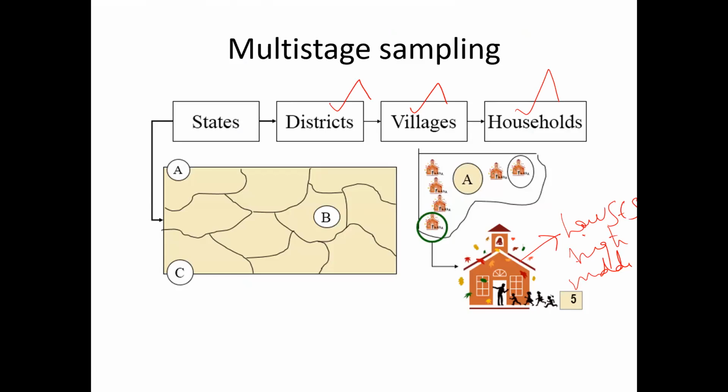This will be done in survey systems. When a survey in India is done, from India you select some districts, from districts you select some villages, from villages you select some households. Got my point?